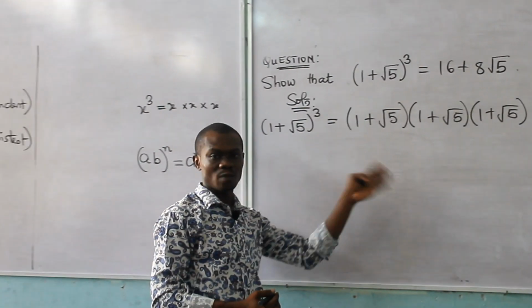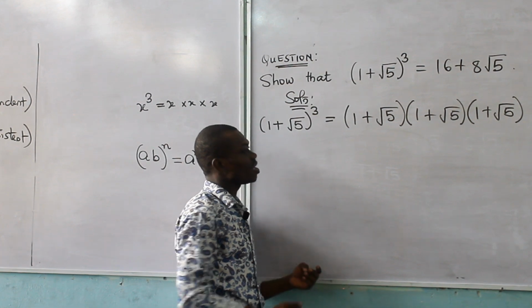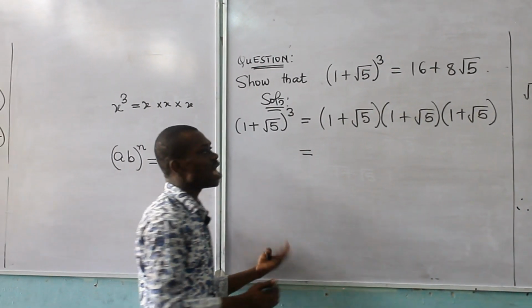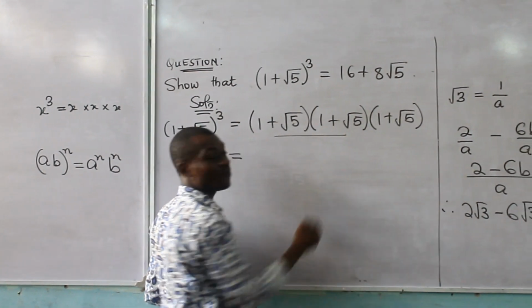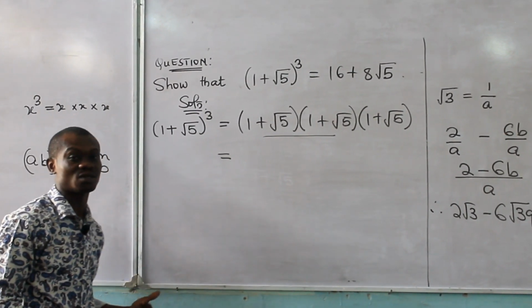Okay, so 1 plus root 5 multiplying itself in 3 places. So all we need to do now is to open up the bracket. And of course, we can do this first before the last one, knowing that multiplication is associative.